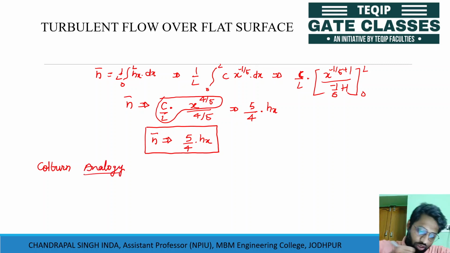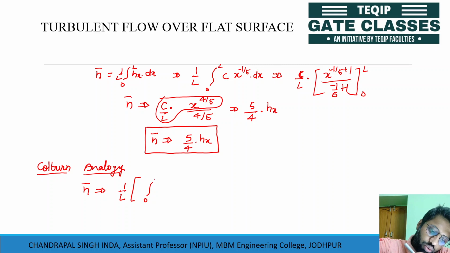According to this, we have to find the average value for the entire length. For the entire length, we can have 1 by L, integral from 0 to xcr, up to the critical length, hx dx. This is for the laminar flow, plus the integral from xcr to the length L of hx dx.